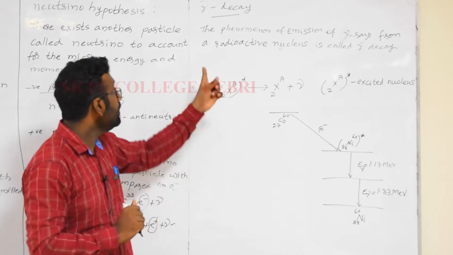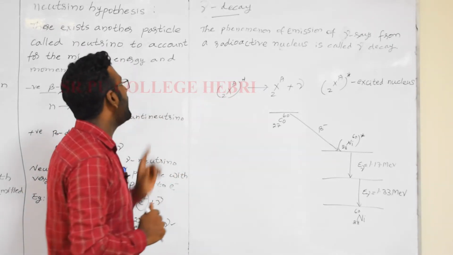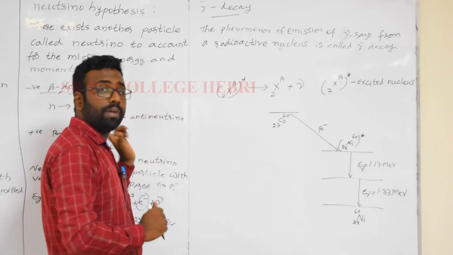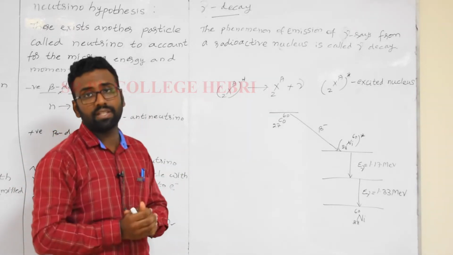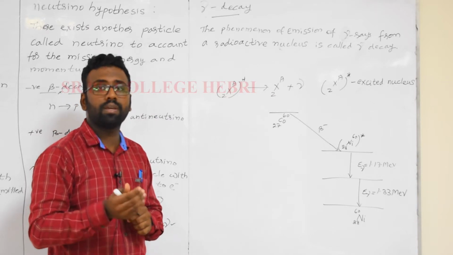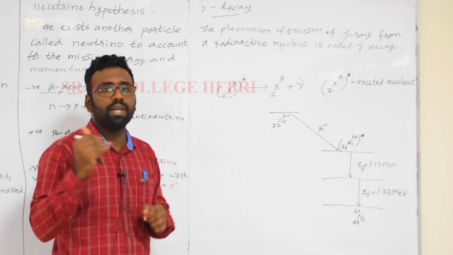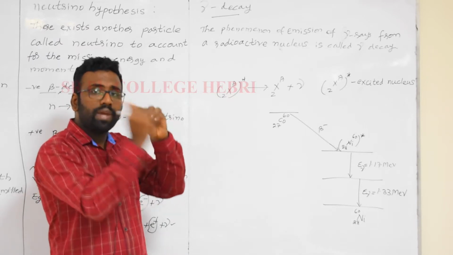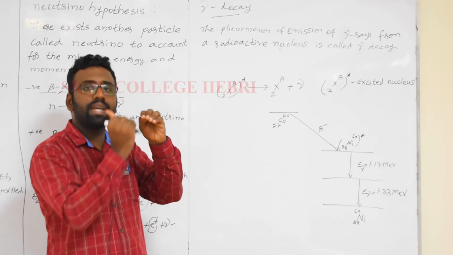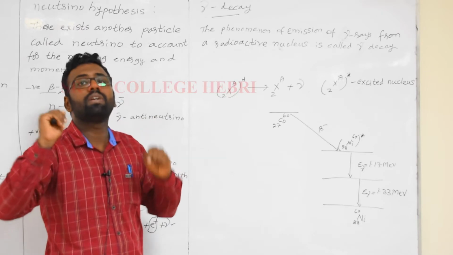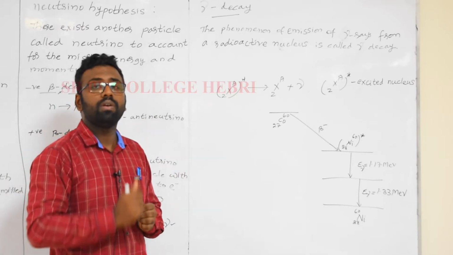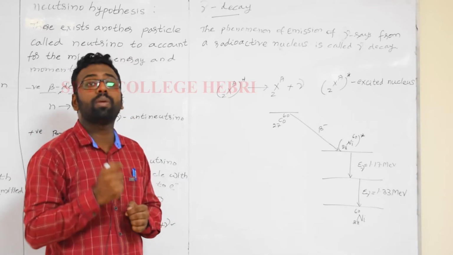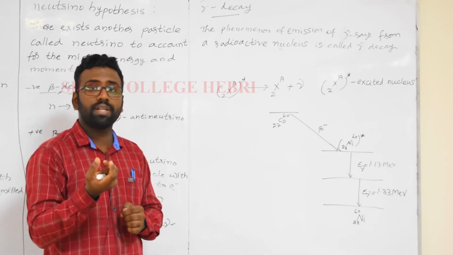Okay. So what is this gamma decay? A nucleus after beta decay or alpha decay will be in the excited state. When this excited nucleus de-excites, it emits a photon. You know, right? When an atom in the excited state de-excites, it is going to emit a photon.